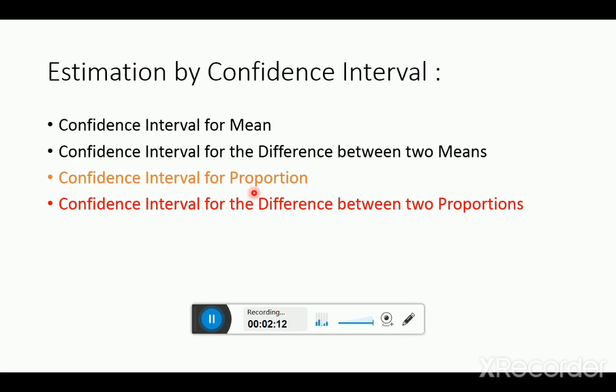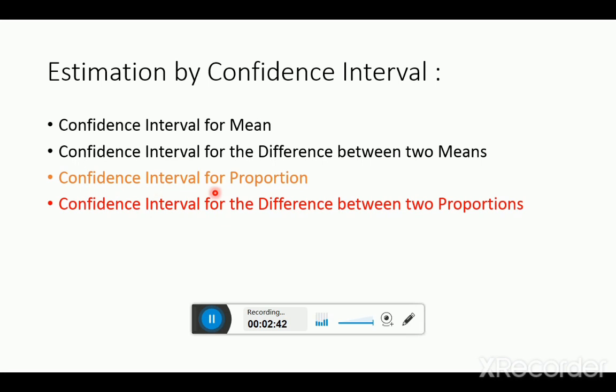The formula for the proportion was capital X divided by capital N, where X shows our interest while N shows the population size. The same is the case for P cap, the estimator or statistic: small x divided by small n. Small x shows our interest in the sample data, while small n shows the total sample size.